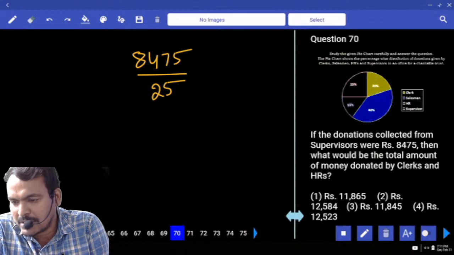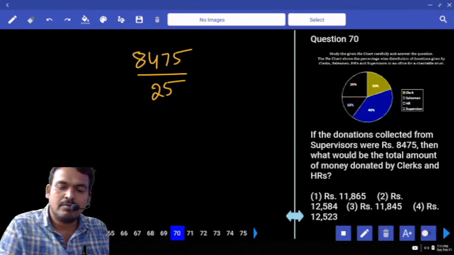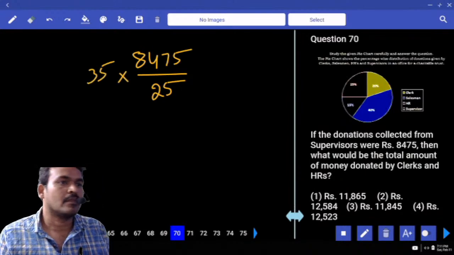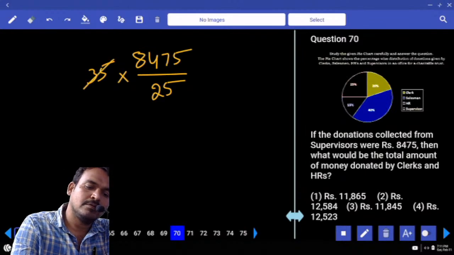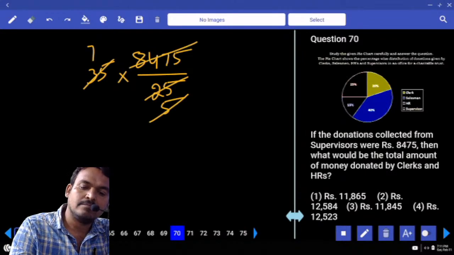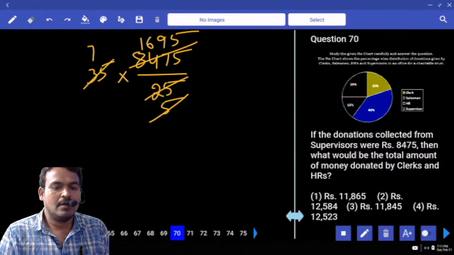What is the clerks percentage? 20. HR percentage? 15. We required how much percent? 35%. 5 how many times? 7. 5 again, 1695, 500. 7 into 1695.